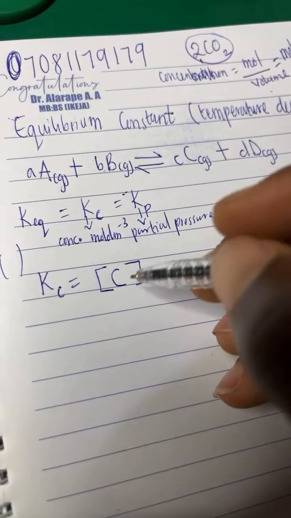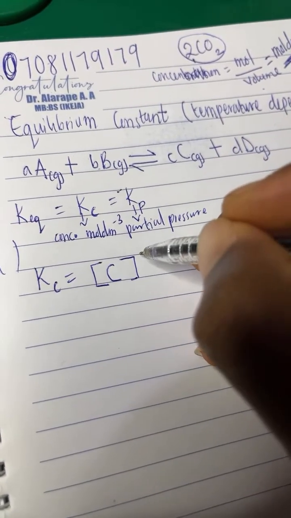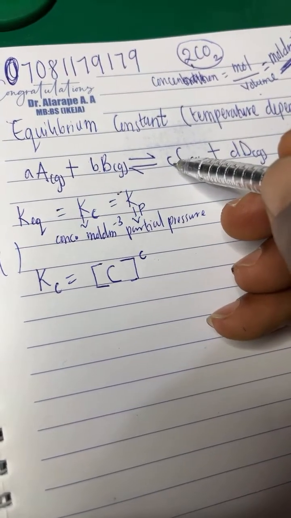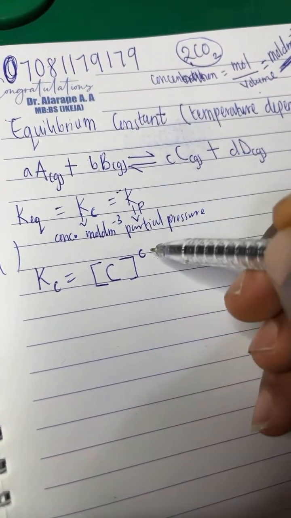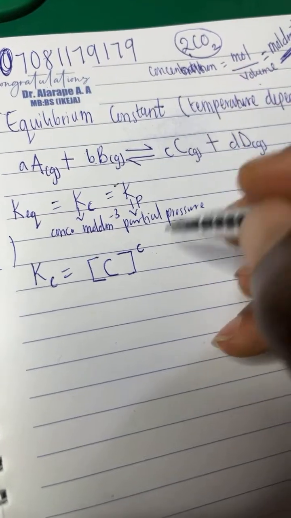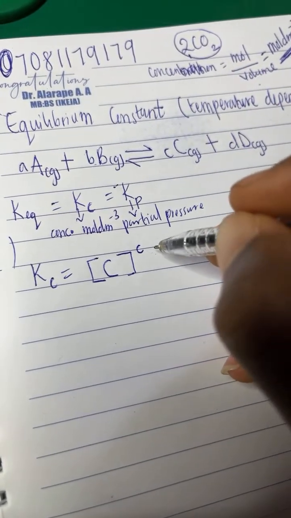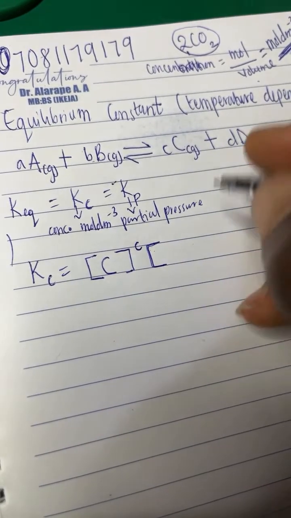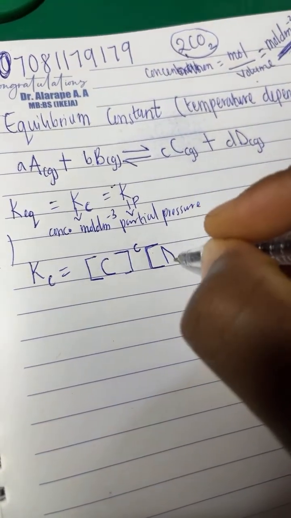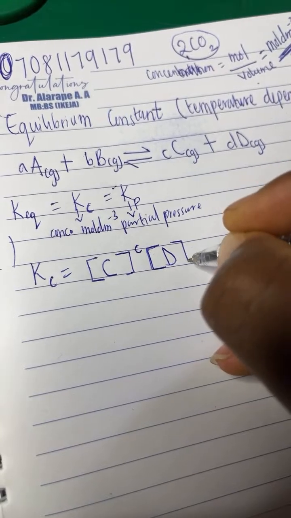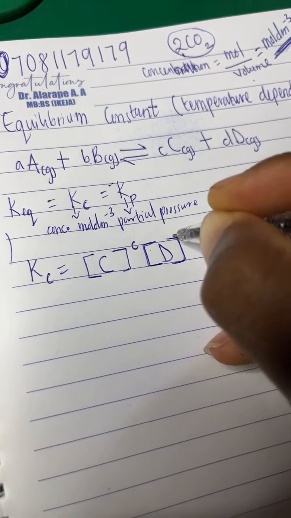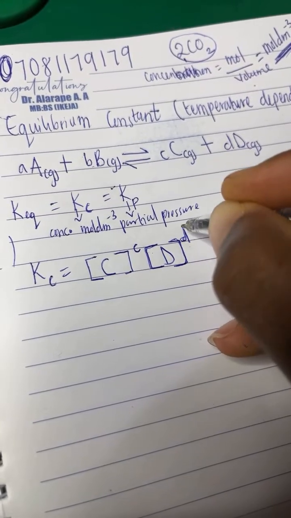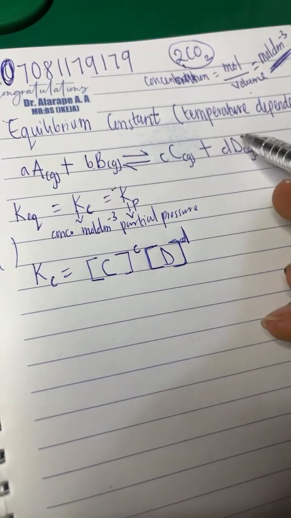So capital C, you now raise it to the power of small c. This small c represents the moles, and this is one of the products. Then you multiply it by the second product, which is our D, raised to the power of small d, which is the number of moles.